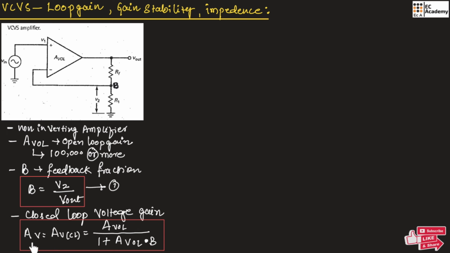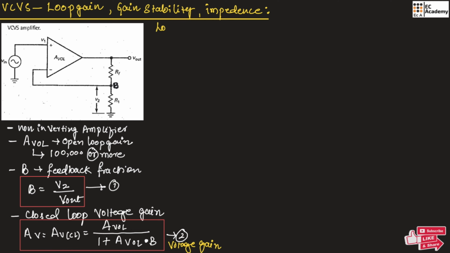The overall voltage gain, which is the closed loop voltage gain, is given as open loop voltage gain divided by 1 plus open loop voltage gain multiplied with the feedback fraction. Let us take this as equation number 2. So this is the formula for voltage gain.